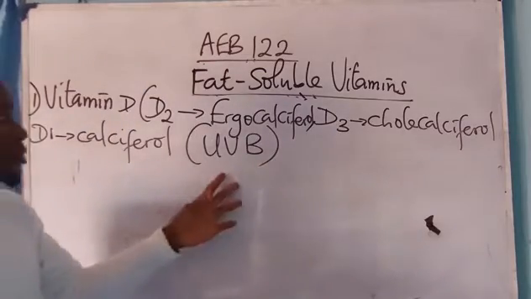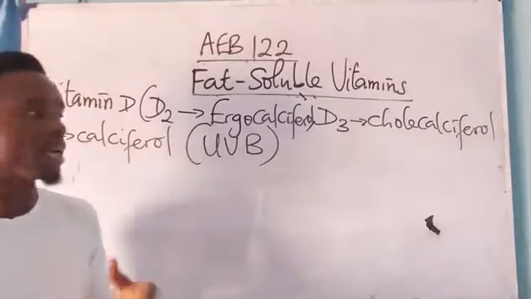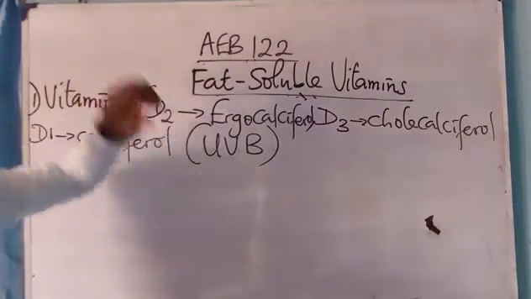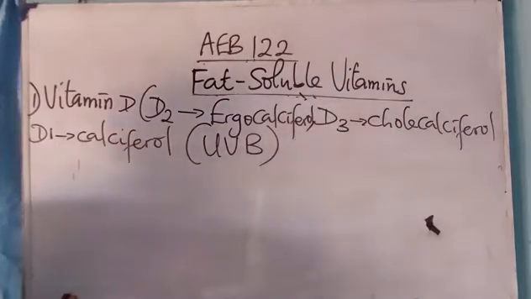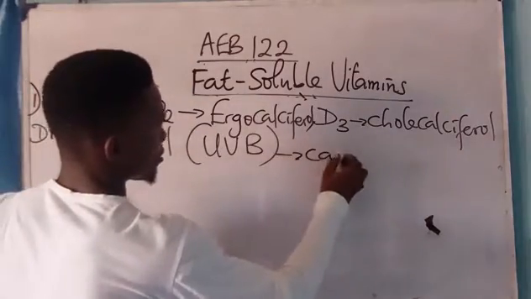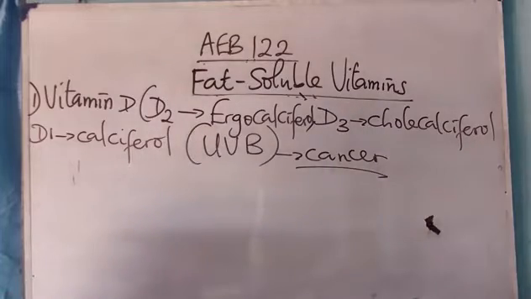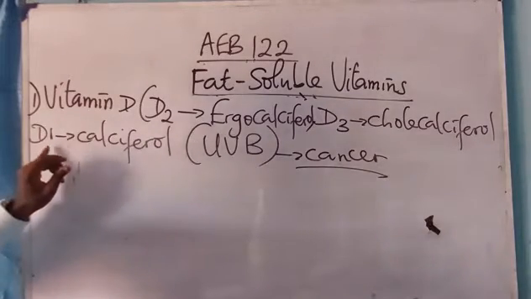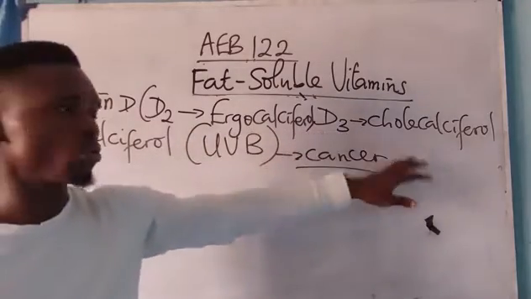When the skin of the body is exposed to excess sunlight, these vitamins are produced. Please, excess sunlight exposure to the skin can result in cancer. These are the three categories of vitamin D: D1 calciferol, D2 ergocalciferol, D3 cholecalciferol.